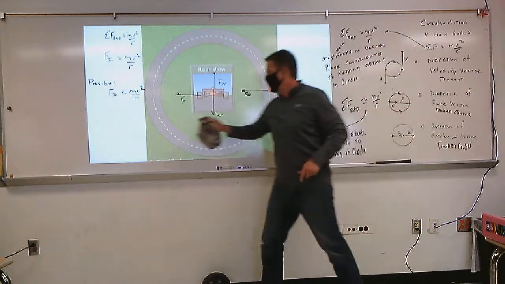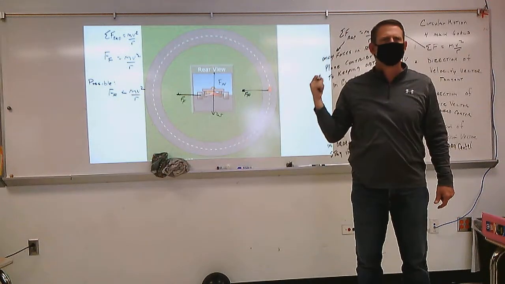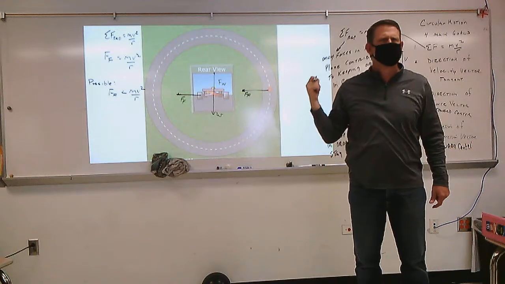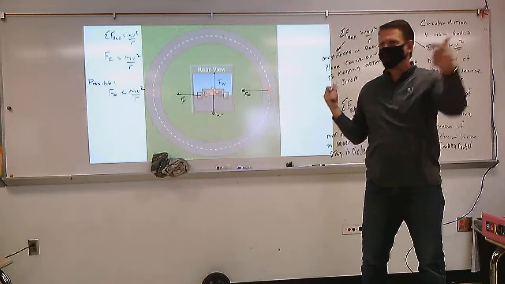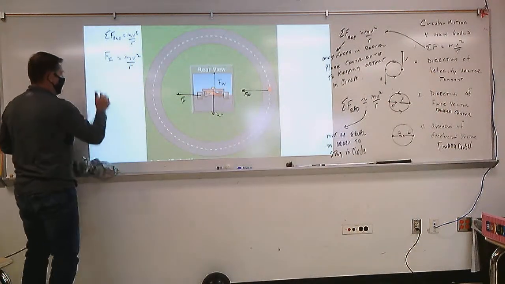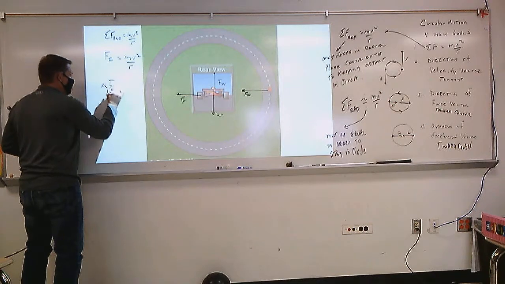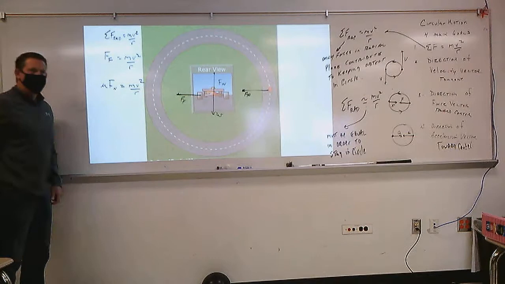What determines how much friction there is between this car and the road? The coefficient of friction and the normal force. Boom. Look at it. Mu times the normal force equals mv squared over r.